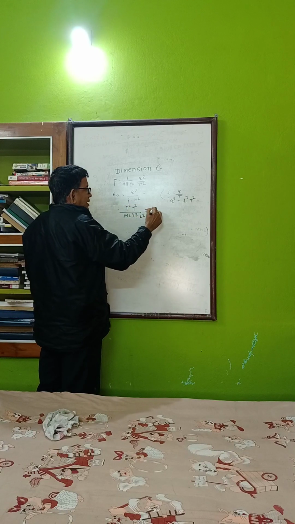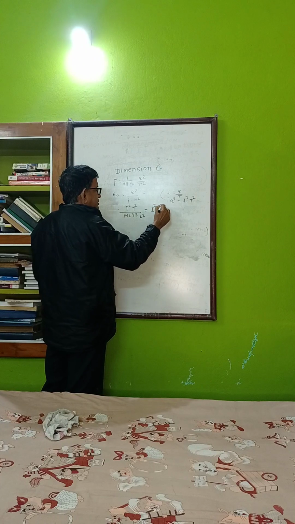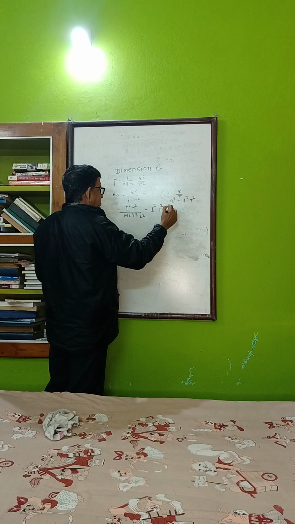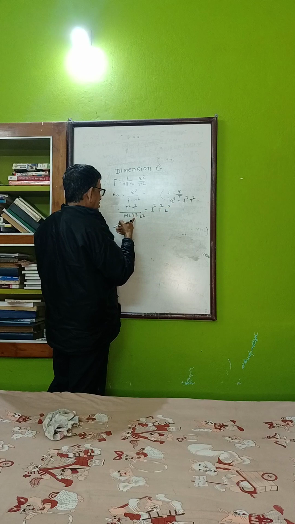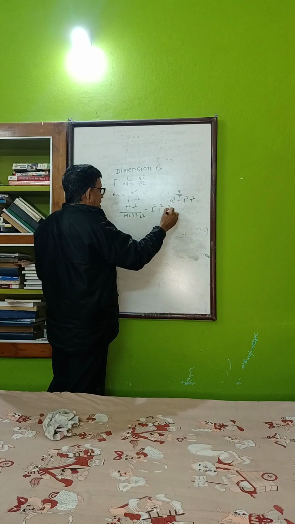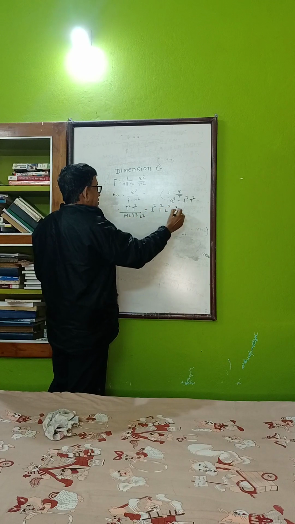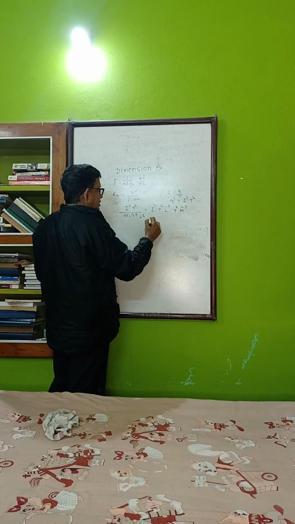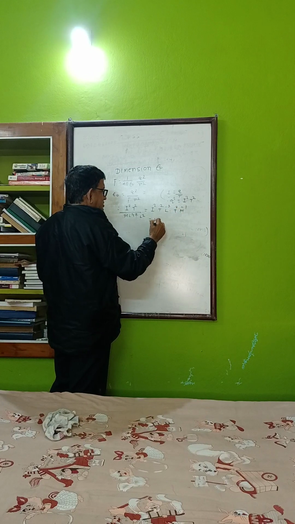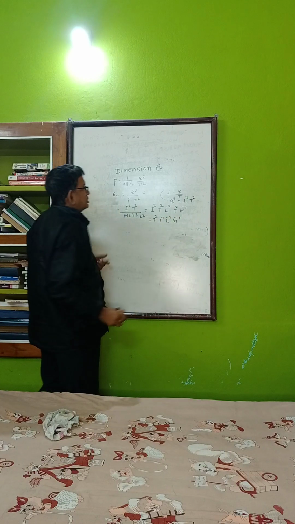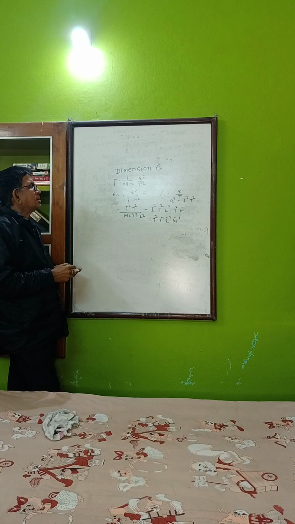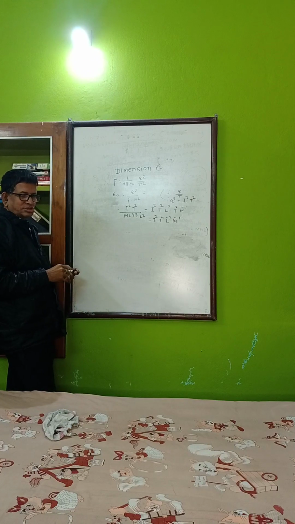So we have I square t square l to the power minus 3 and t square again, m to the power minus 1. So it is coming I square t4 l to the power minus 3 m to the power minus 1. So we are getting the dimension of epsilon naught.